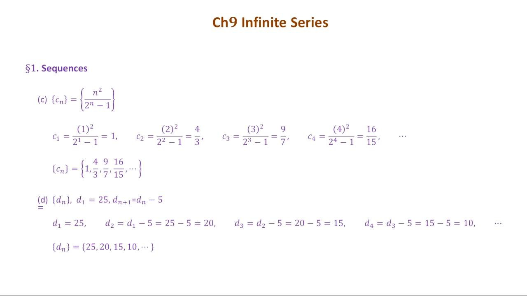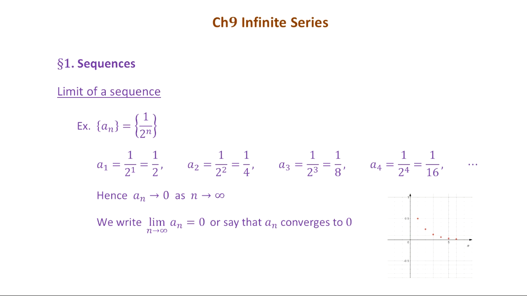So you get d4 equals d3 minus 5. d3 is 15, so 15 minus 5, you get 10. So you get the numbers 25, 20, 15, 10, and so on in this sequence. Any questions? So a sequence can be defined in different ways. Okay. So these are some simple examples of sequence.